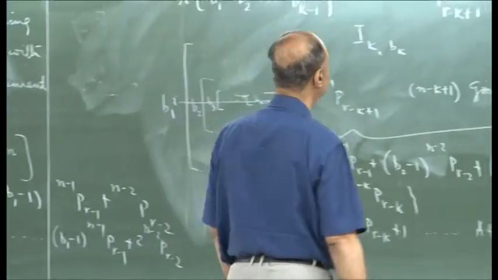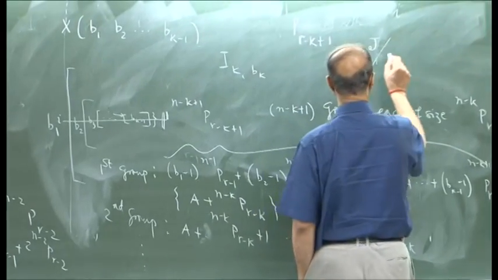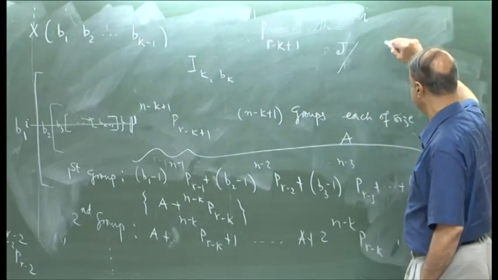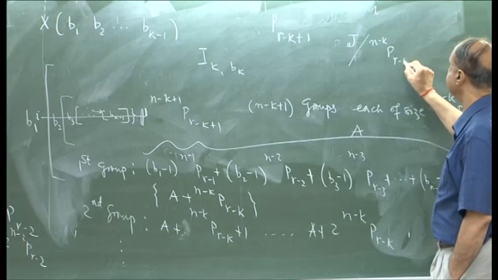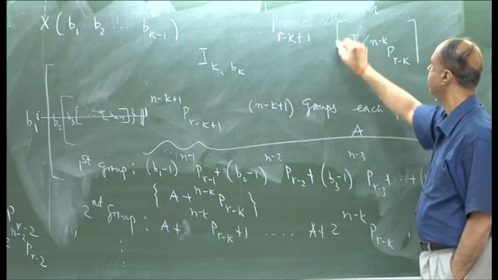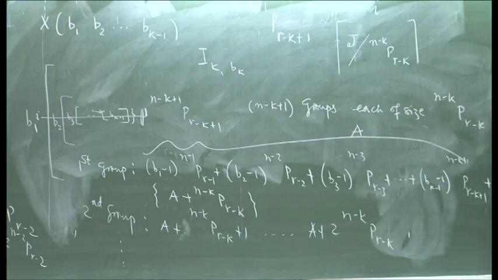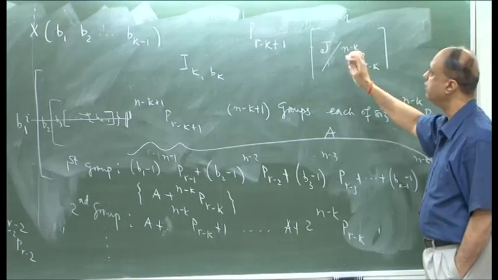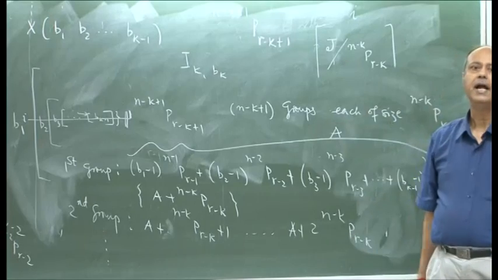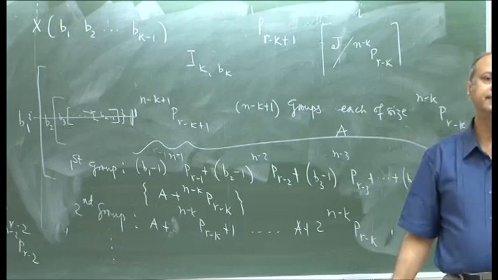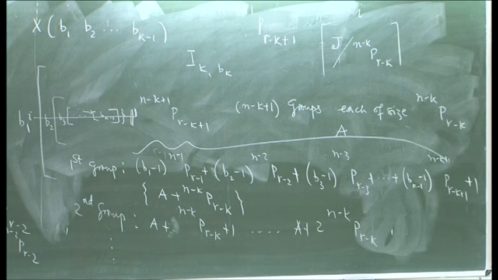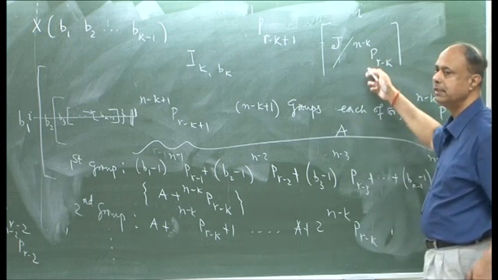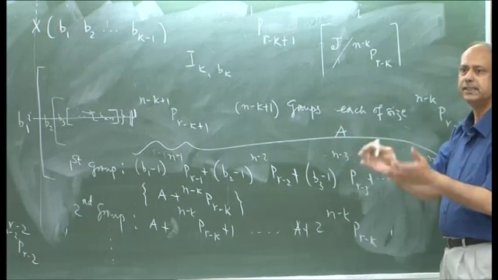The group number of i is nothing but j divided by (n minus k) P (r minus k). So if I know this, I can find out at every iteration what this serial number is, or in which group it lies. Once I know this, the rest is very simple, just interchange.